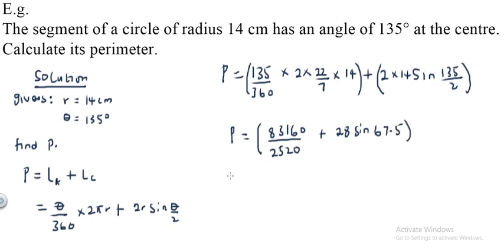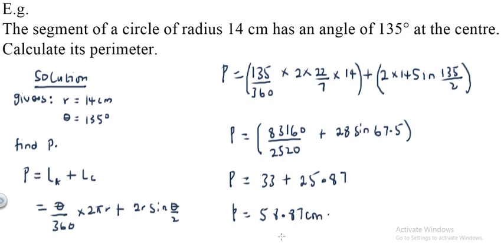When I divide this, I have P equal to 33 plus 28 sine 67.5. From my calculator, I have 25.87 to 2 decimal places. So the perimeter is equal to 33 plus 25.87, which is 58.87 centimeters. That's it on the calculation of perimeters.